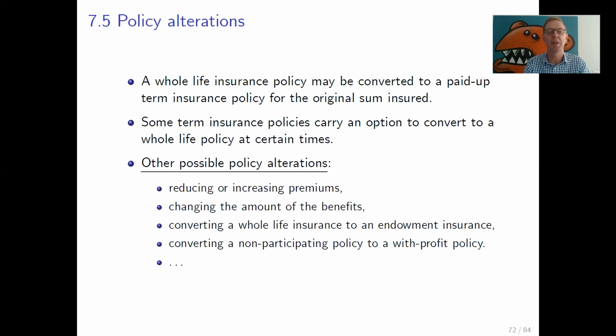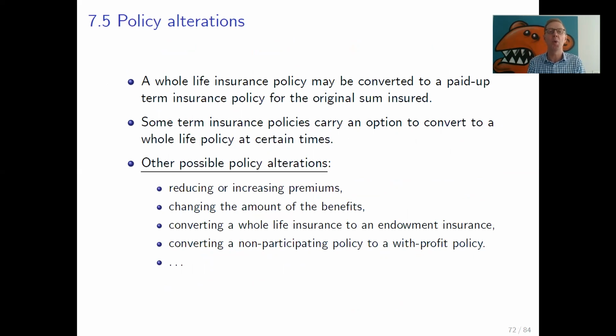Other policy alterations: a whole life insurance policy, so a lifelong insurance policy, may be converted to a paid up term insurance policy for the original sum insured. So you had a whole life insurance contract. At a certain moment, you don't want to pay premiums anymore.